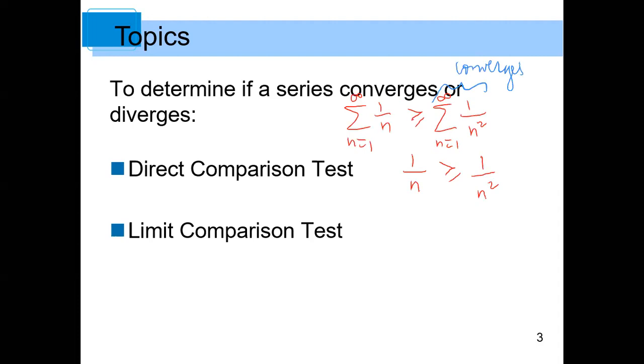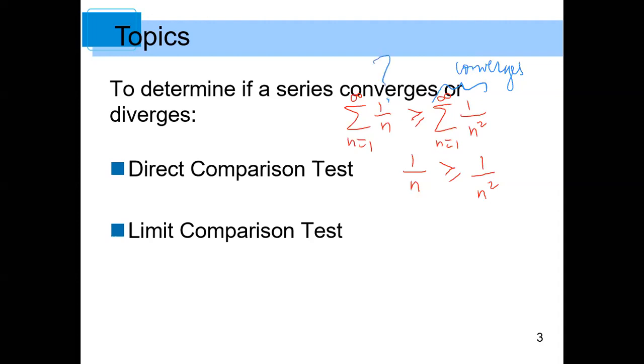This guy converges. But what does that tell me about the other series? Nothing, yeah? I have this series that converges that's smaller than the series in question, and so I would be like, well, I don't know what's going on with this.